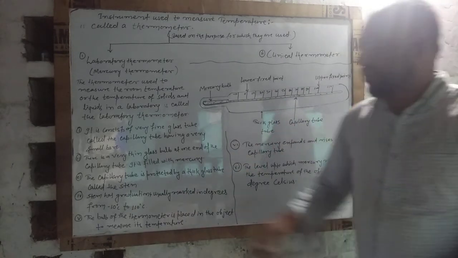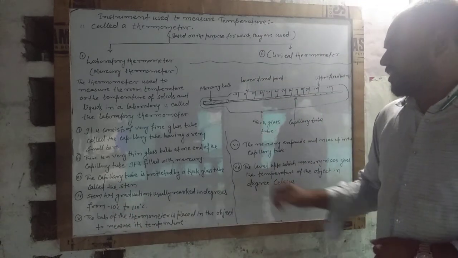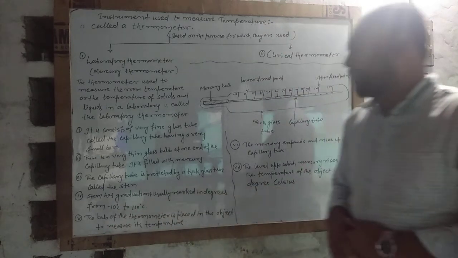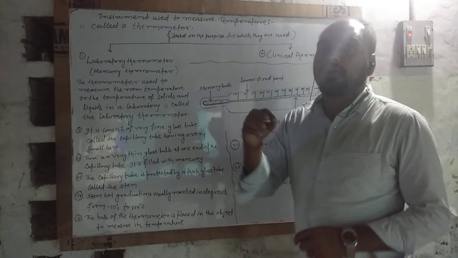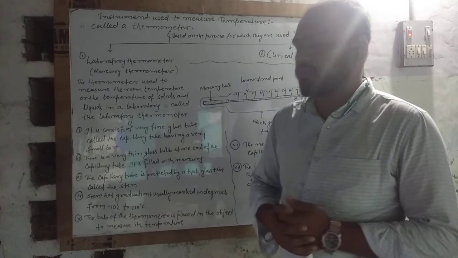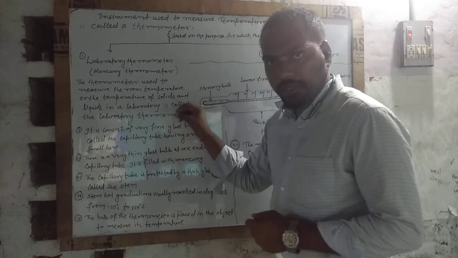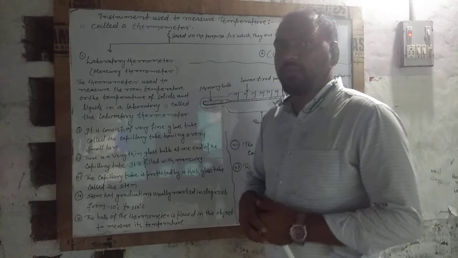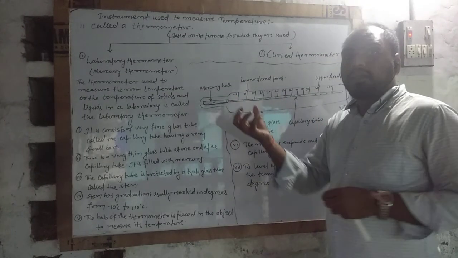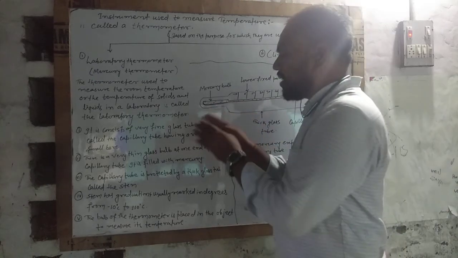The next point: the bulb of this thermometer is placed in the object whose temperature is to be measured. Whichever object's temperature has to be measured, you just put this bulb in that object. After putting in the bulb, the mercury takes up the temperature and expands.